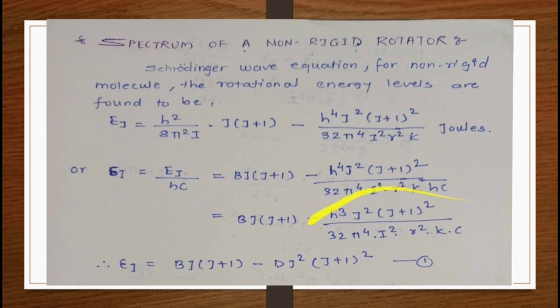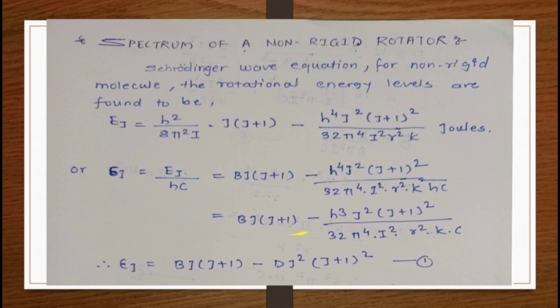Now we have to reduce this equation in the form of a centrifugal distortion constant, that is capital D. Because the molecule has a continuously rotating motion, a centrifugal force is acting on that molecule. So we have taken the centrifugal distortion constant, that is capital D. I am writing the equation again.